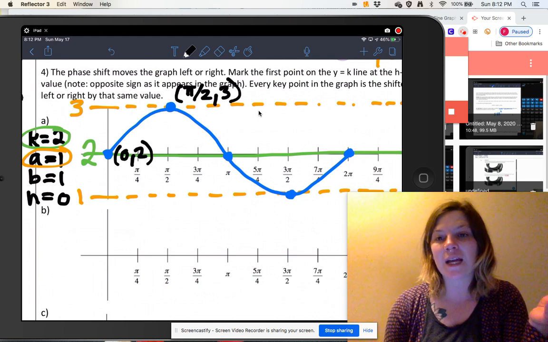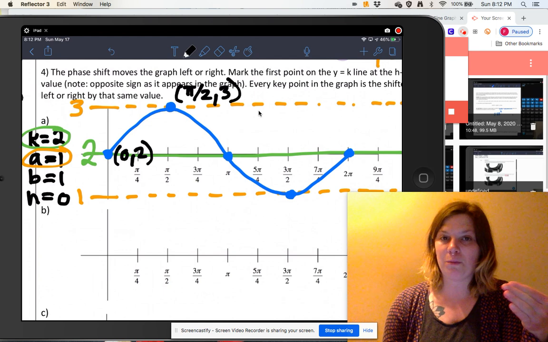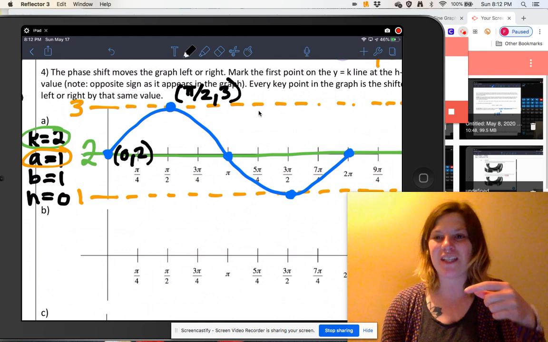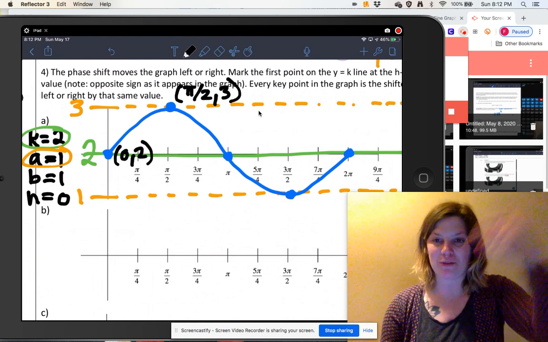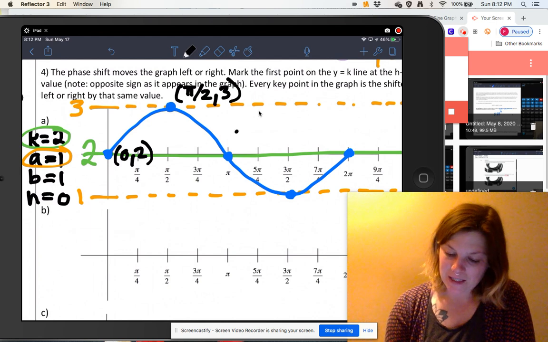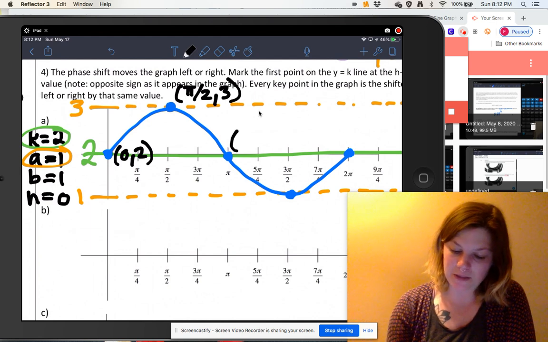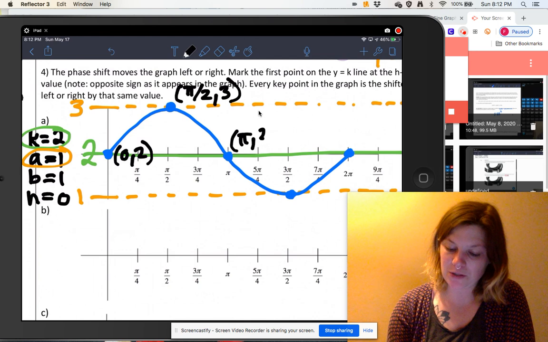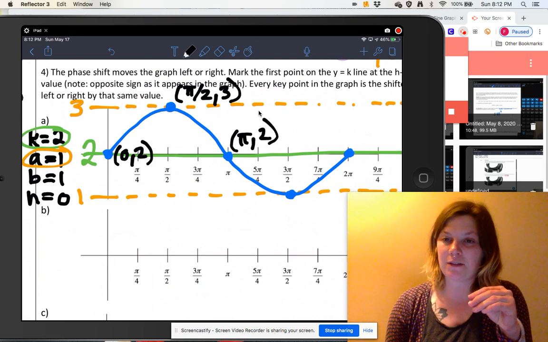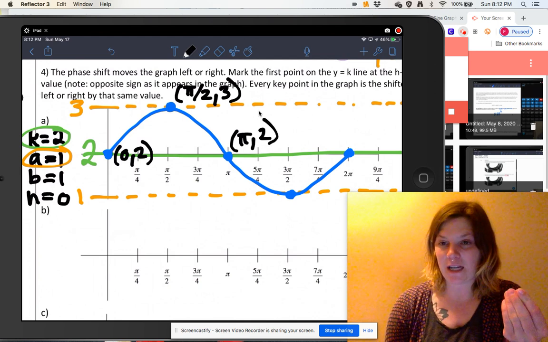Since we're adding 2 to everything, it would have been at 1, but we're adding 2 to it, so it shifts it up. Here we are at pi over 2. So the input is the angle, the output is the sine value in the function.